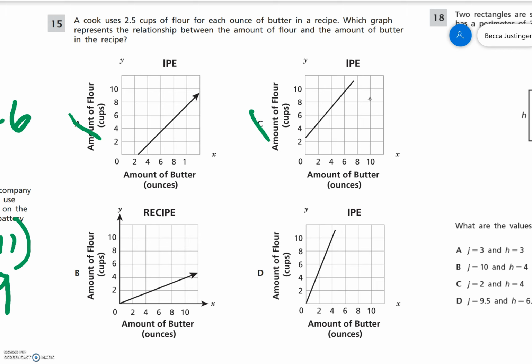So we cross out A and B, but we use 2.5 cups of flour for every ounce of butter. So if there's 1 ounce of butter, we need to have 2.5 cups of flour. So the answer has to be D. 1 cup goes up to 2.5.